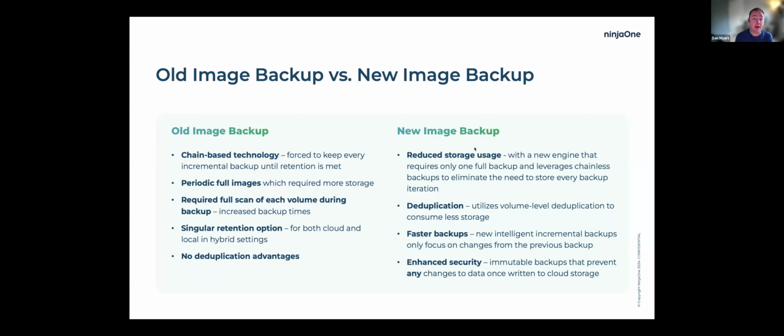So our existing product today, which has been around, I think, for about 4 years with our image backup, is a chain-based technology. So we are forced to keep every incremental backup until the retention is met, until additional full backups are required to be taken so that you can trim retention.